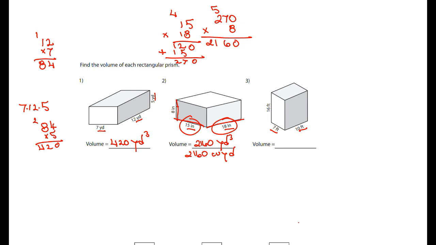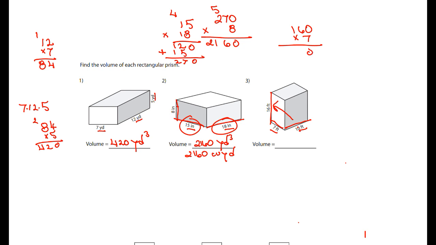The third one I can help you with here. Remember, to figure out volume, it's all 3 dimensions: length times width times height, or length times depth times height, however you want to look at it. So let's do this one here. What's 10 times 16? Anything times 10, you just add a 0, so that's 160. That was easy. Now just 160 times 7. 0.